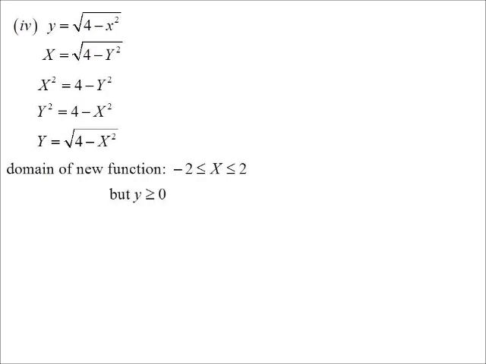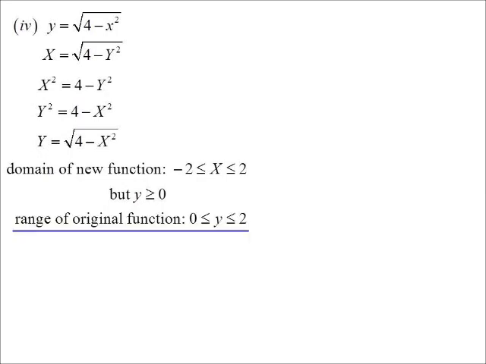Because remember, the original function was that y is greater than or equal to 0. Because when I find a positive square root, I can't get a negative answer. So it doesn't necessarily work 100% of the time, because this would suggest that the range of the old function was in between minus 2 and 2. But I can't get answers of minus 2 for that.